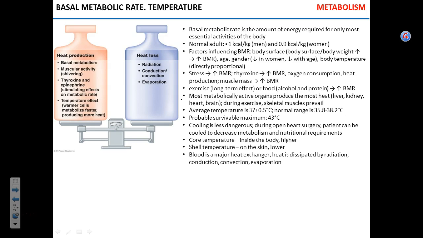Basically, for a male, it's 1 kilocalorie per kilogram per day. Okay? For female, it's 0.9. Wait a minute. No, it cannot be so. It's not per day. Per hour. Per hour, not per day, per hour.